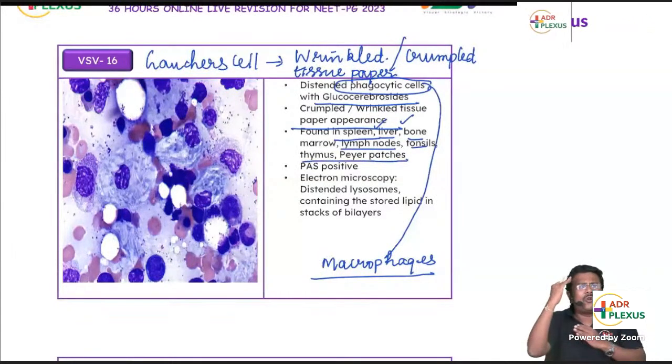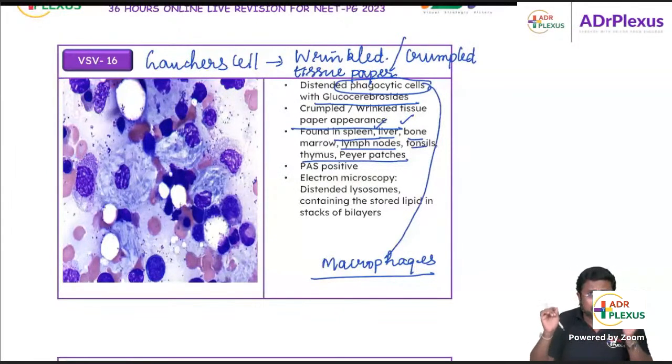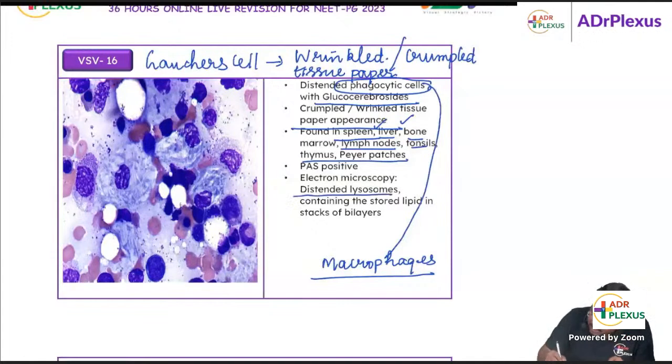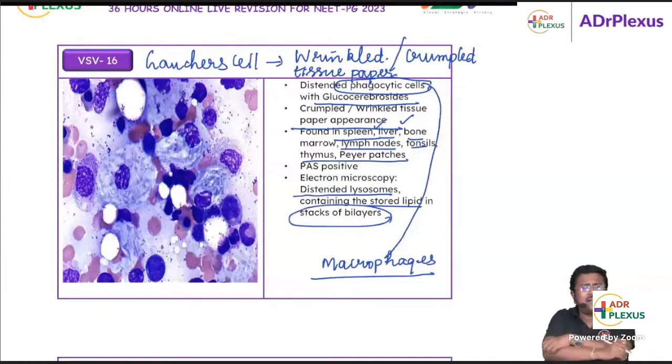Remember, reticuloendothelial system organs. And on electron microscopy, the lysosomes contain lipid material stored in the form of stacks of lipid bilayers, one after another.